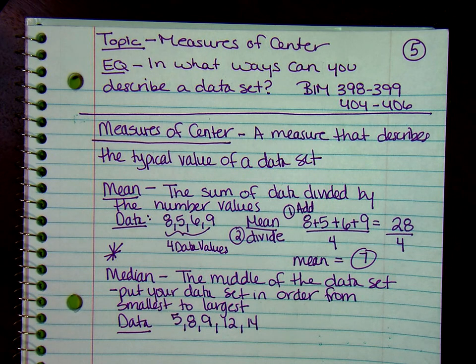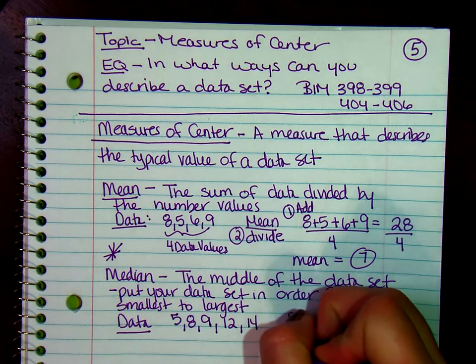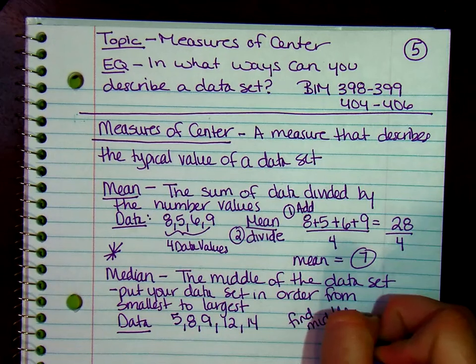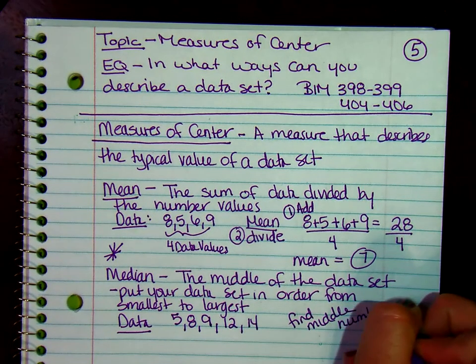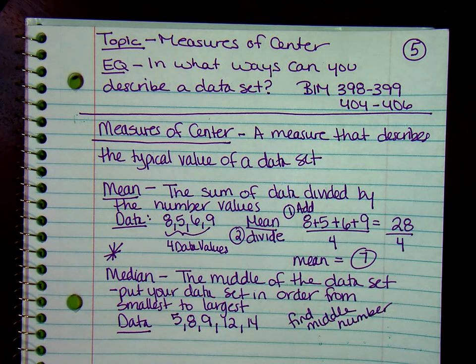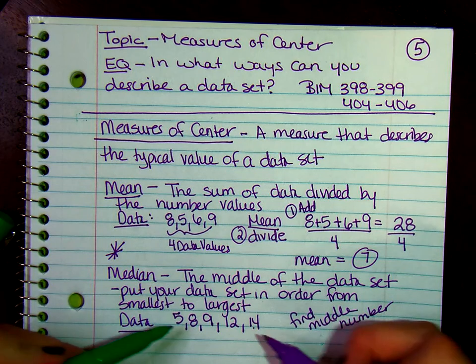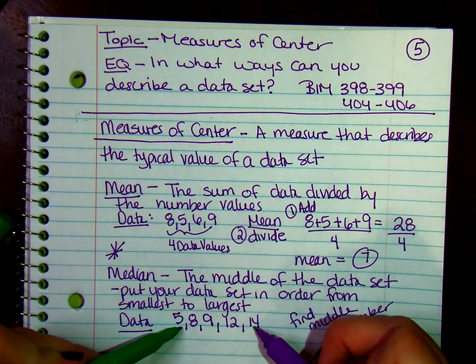Then I'm just going to find the middle number. So how I like to do this is I start on both sides and I work my way in by just hopping at the same pace.